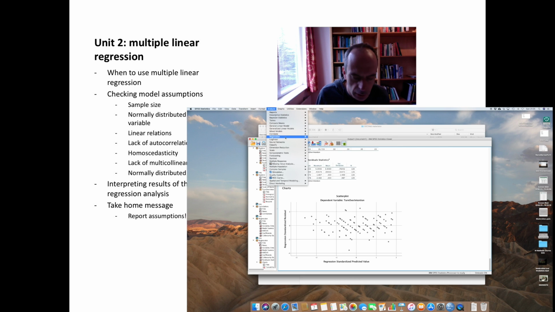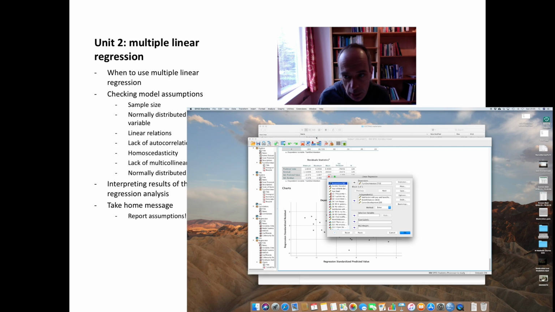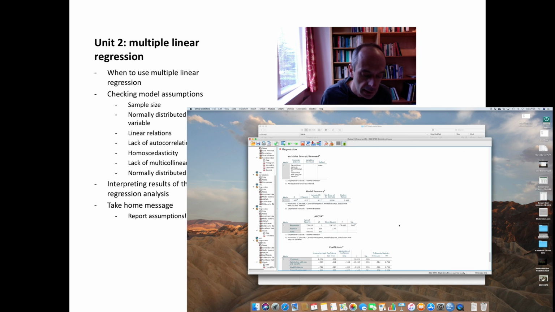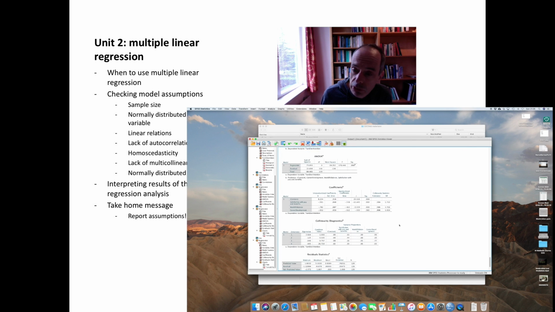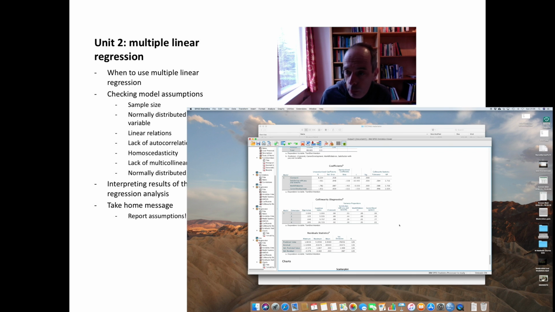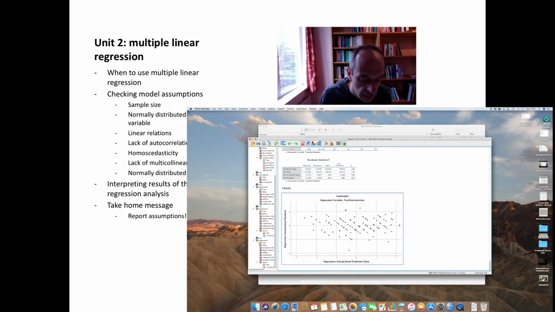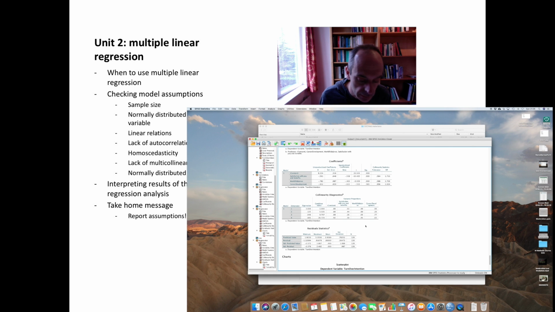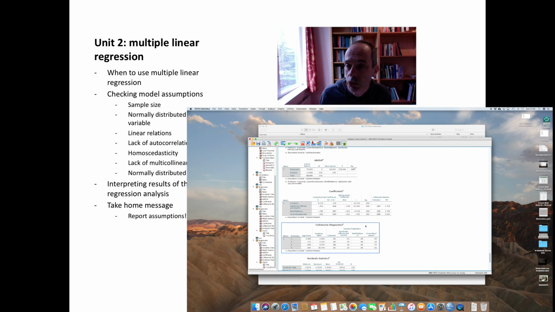Okay, let's check for absence of autocorrelation. We can make a plot of it, but the most popular statistical test to detect autocorrelation is the Durbin-Watson test. It's a test of independence of error terms, and the rule of thumb is that a Durbin-Watson between 1.5 and 2.5 signals absence of autocorrelation.